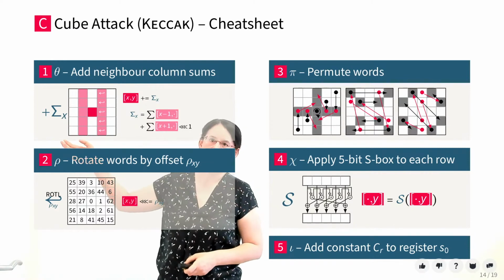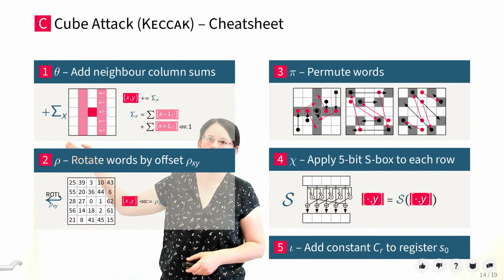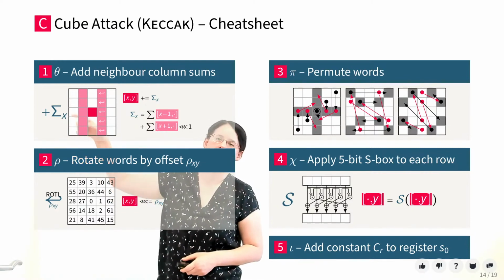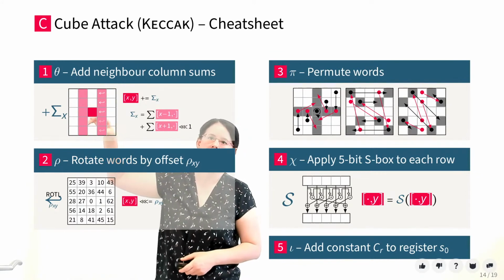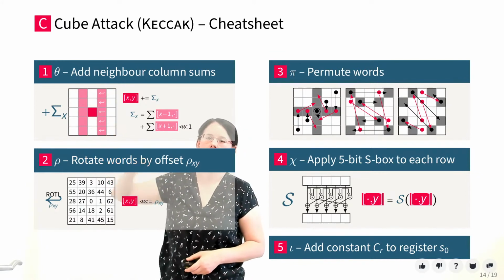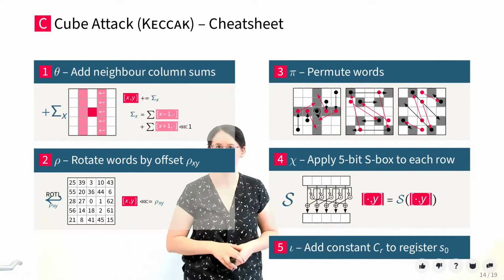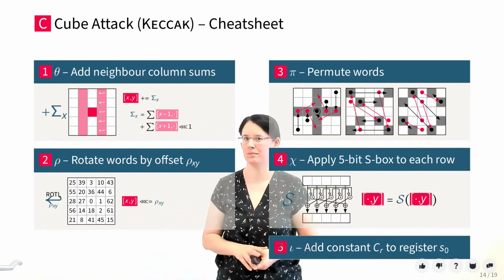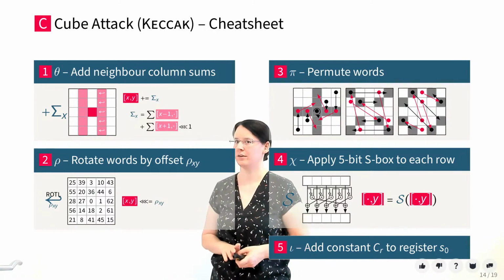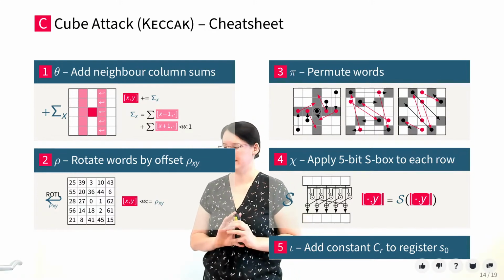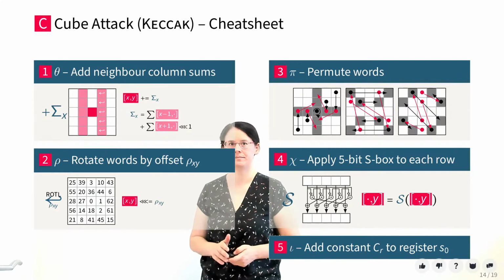And we have this summing step which takes the sum of two columns and XORs it to the cells in between those. No worries if you don't understand it from this brief description here, and if you don't remember it from cryptography, you will hear about it again in lecture number 10.